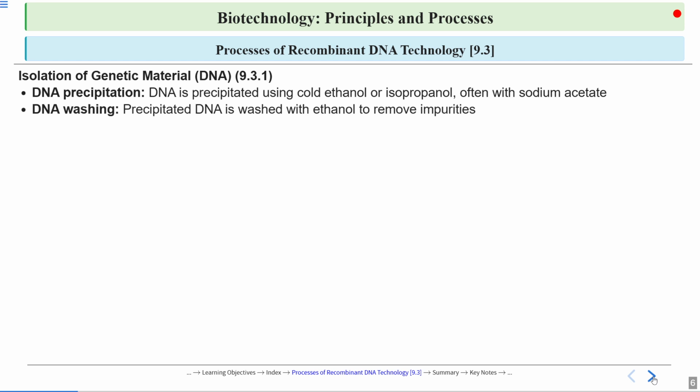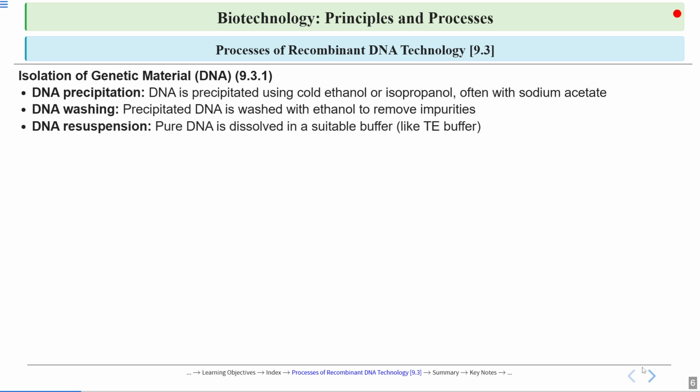This precipitated DNA is washed with ethanol to remove any impurities, and as we studied in the last class, using the spooling method we can swirl that DNA around a spool, or you can say a glass rod, and take out our DNA.